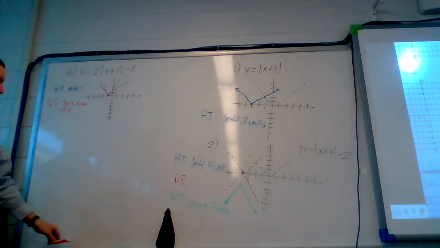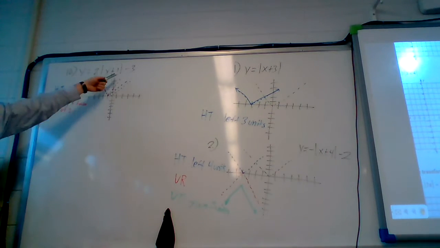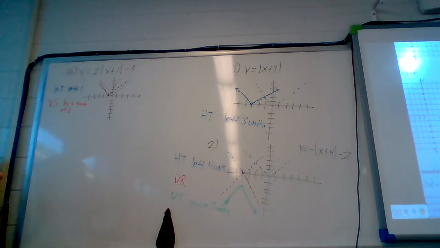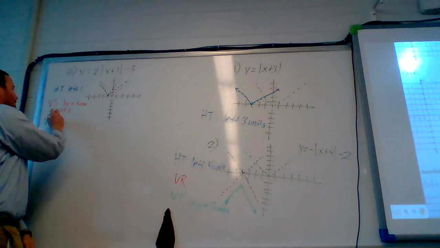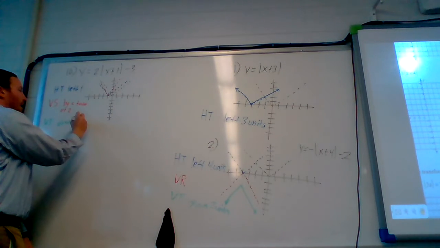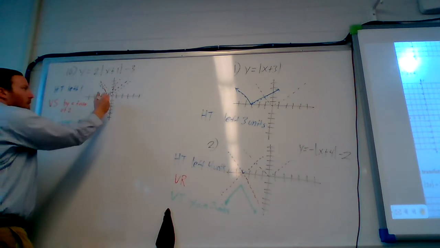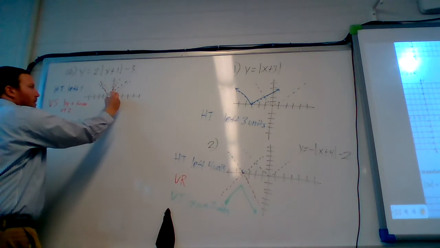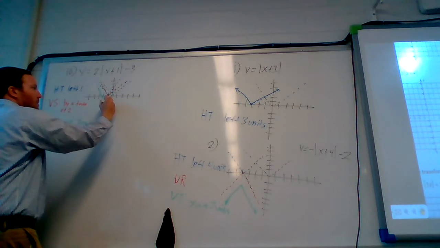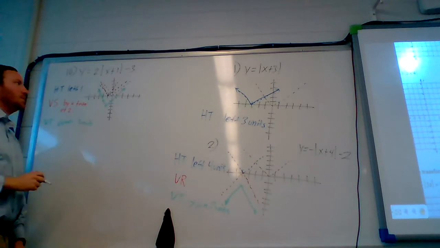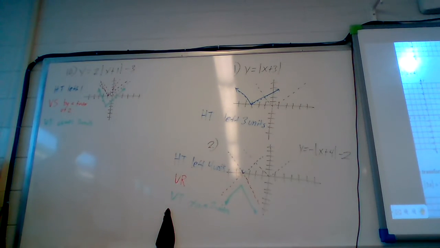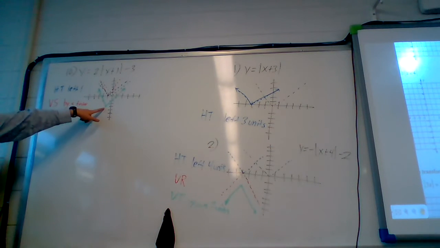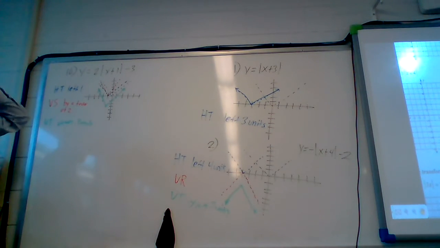And then our last thing, minus 3 on the outside, brings us down. Down 3, right? So we have that vertical translation down 3 units. We're going down 3, still going same slope of up 2 over 1. So there's our graph. Wait, up 2 over 2 or up 2 over 1? Up 2 over 1. Sorry. Thank you.